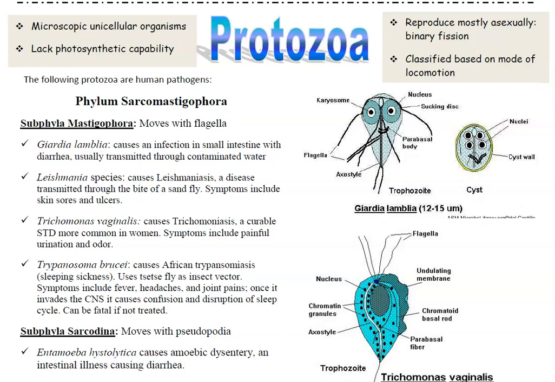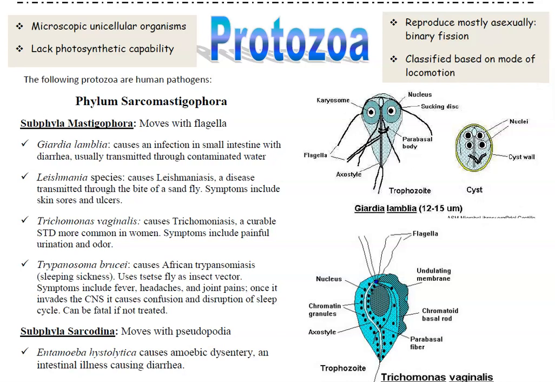Leishmania species causes leishmaniasis, which is a disease that's transmitted through the bite of a sandfly. Symptoms include skin sores and ulcers. Trichomonas vaginalis causes trichomoniasis, which is a curable STD that's more common in women. Symptoms include painful urination and odor.